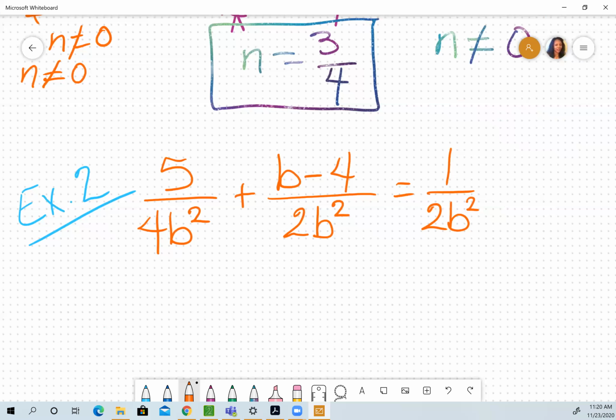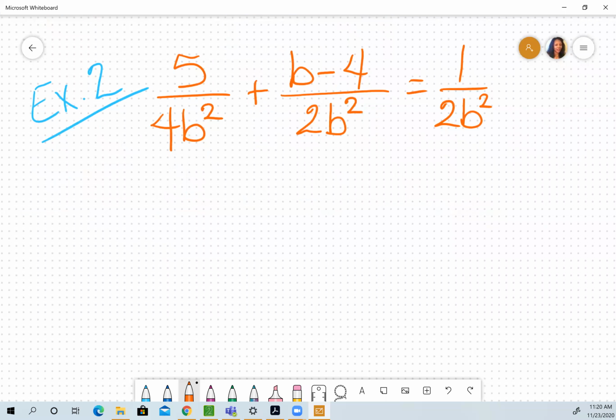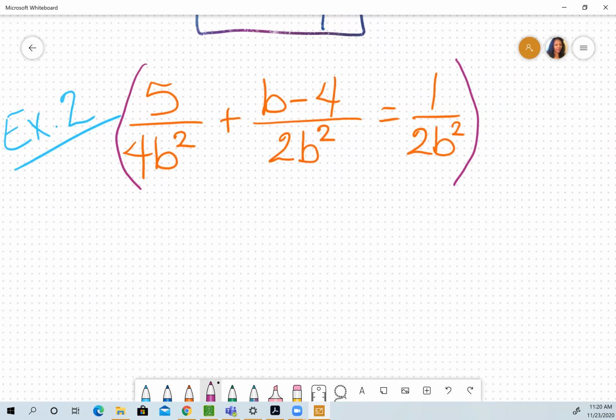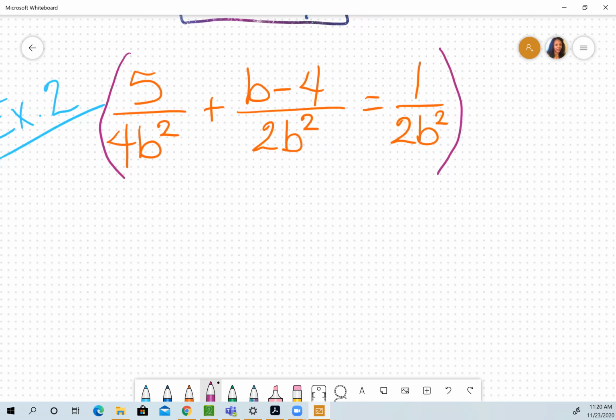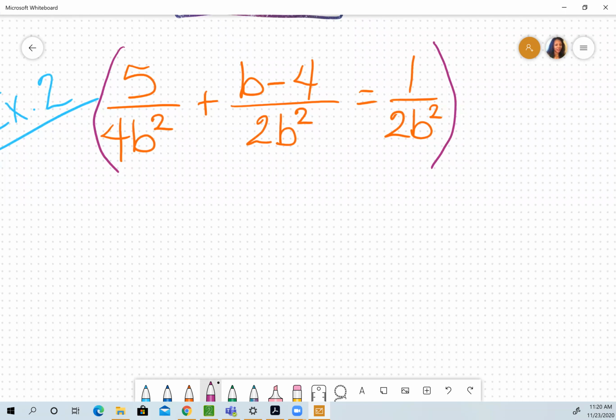Okay, so now for example 2, this time we have 4b squared for one of our denominators and then 2b squared for the other two. So I can use the same concept. I'm going to put the entire problem in a set of parentheses. And then I'm going to ask myself, well, what's missing in each of the denominators?